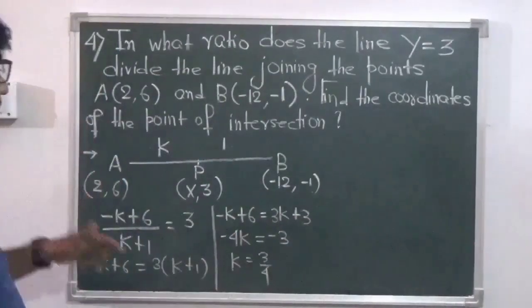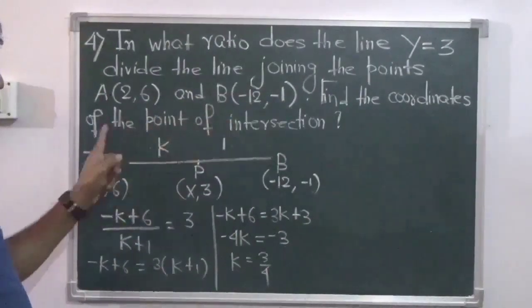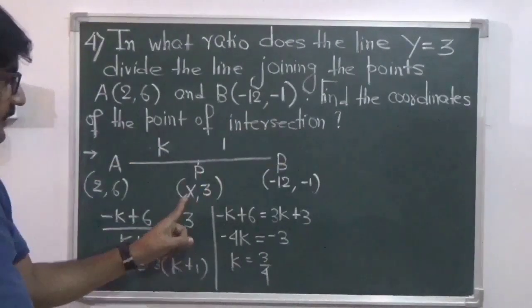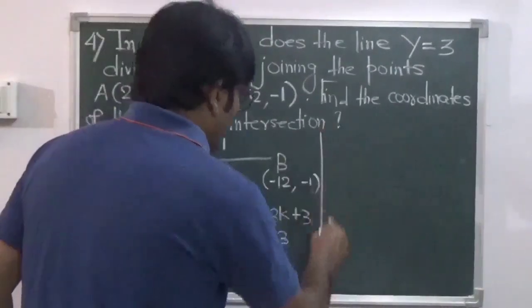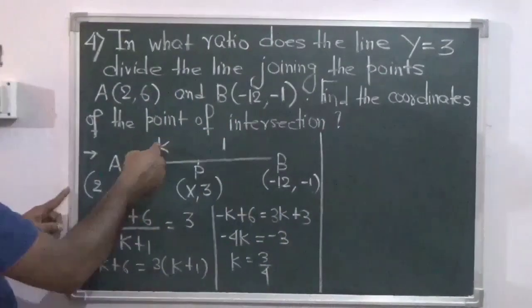Now you need to find the coordinates of the point of intersection, that is, the value of x. The 3 is already known to us. Again by the section formula, the ratio is 3 is to 4.